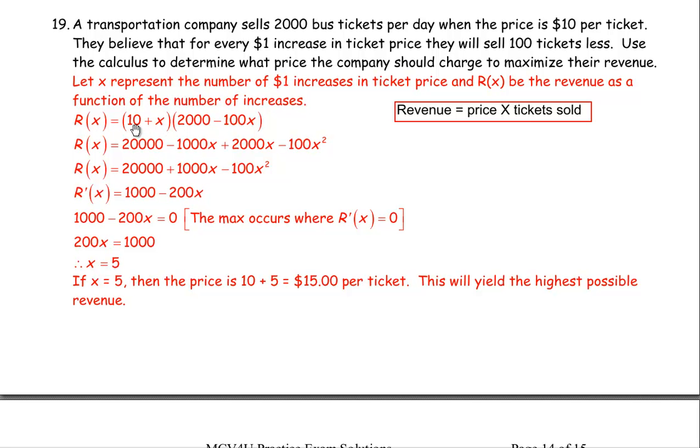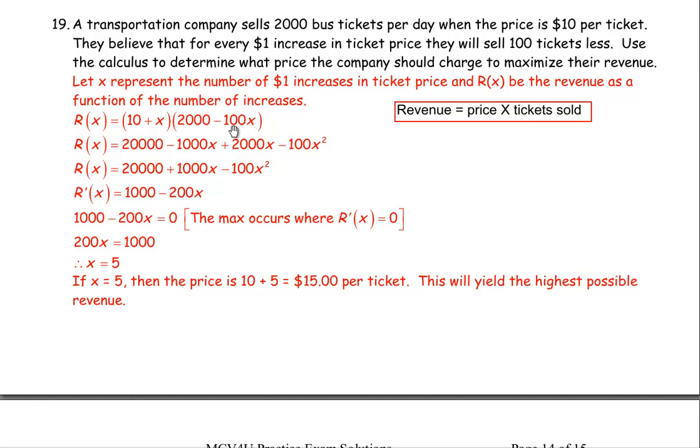The price starts out at 10, so we're going to add X to that. So for example, if X was 3, then we would be charging $13. So X is the number of times we're going to increase the price $1. The number of tickets sold starts at 2,000, and they think they're going to lose 100 every time they raise the price $1. So we're going to take off that 100 X times, or 100X.